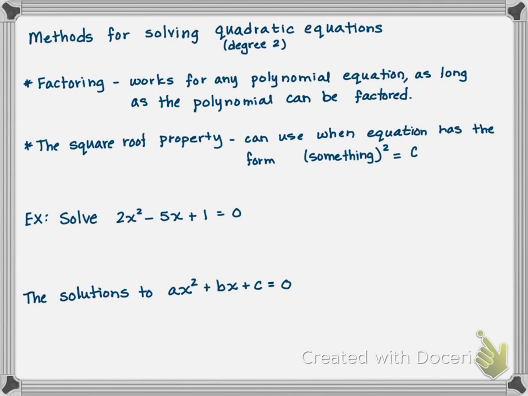And they manipulated the equation by completing the square to write it as something squared equals c. And then they solved for x and got a general formula, and that general formula we call the quadratic formula.